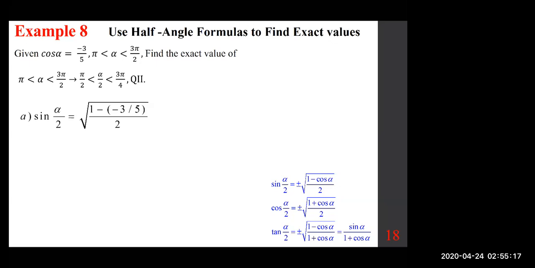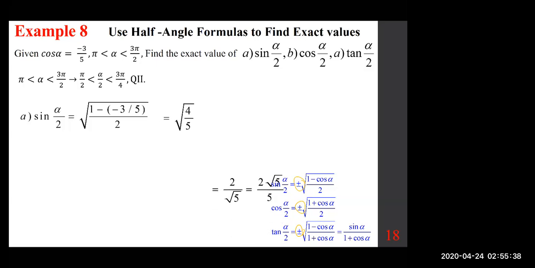So the purpose of this question is really for you to establish what am I using, plus or minus? I'm using plus for sine. So this is sine of alpha over 2. When you go through the process, it becomes square root of 4 over 5. And the rest is basic algebra. I don't worry about that.